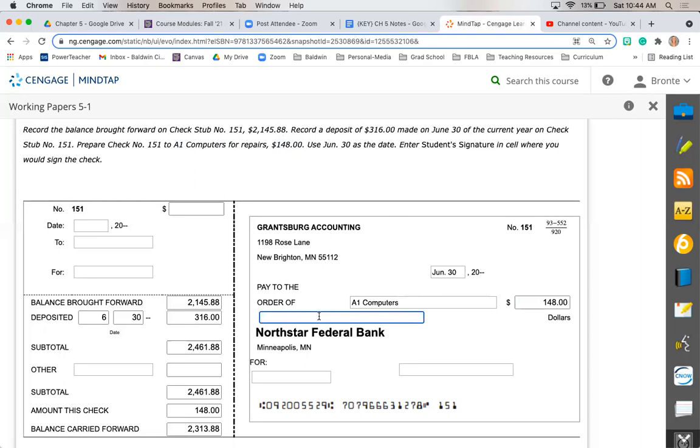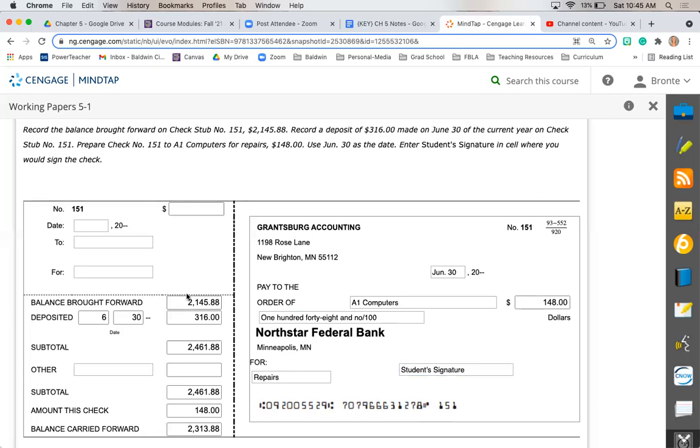So this is where we're going to write out in words what the check is for. So 100, I can't spell, 48, and we're going to write no over 100 because there is no change. Down here, for, or our memo line, it was for repairs. And then the last step is student's signature.